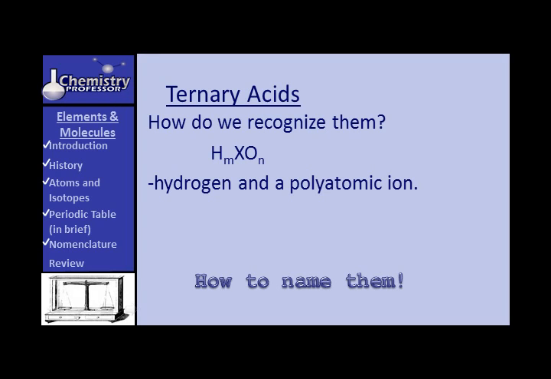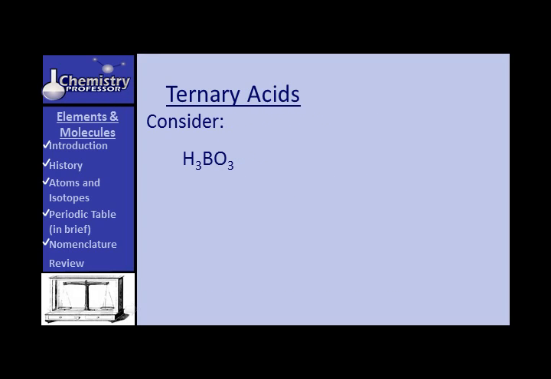To name these acids, what we do is we consider the radical or the polyatomic ion first. Now I'm giving you H3BO3 as an example. Identify the radical. When you look on your sheet, what is the radical? Well, what do I look under, -1, -2, or -3?